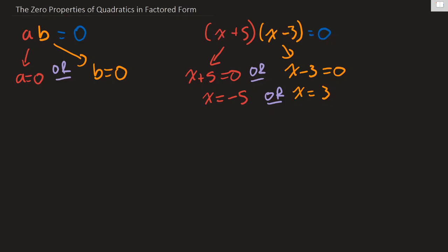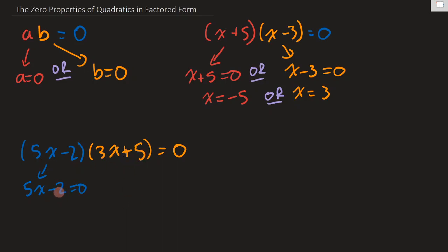Okay, let's try one with slightly more interesting factors. Let's do 5x minus 2 times, let's do 3x plus 5. Why not? Okay, and we'll set that equal to 0. So this is the same idea. The algebra is just going to be a little bit trickier. We can either have 5x minus 2 equal to 0, or this other factor we'll do in a sec.